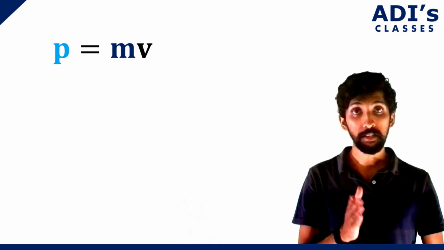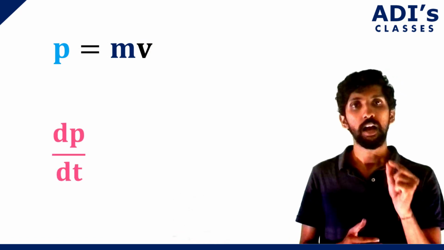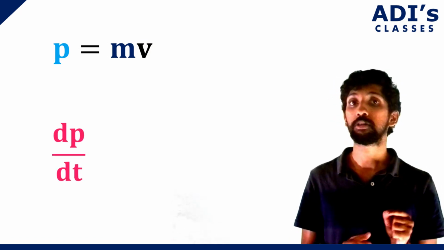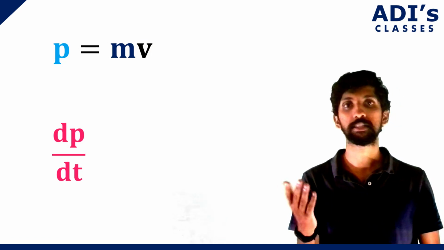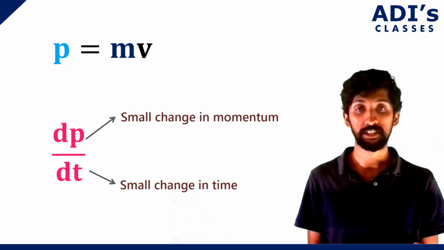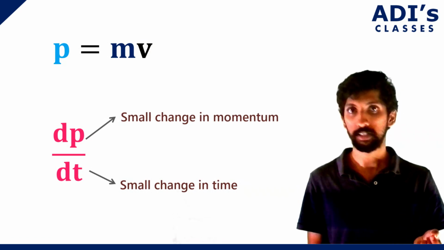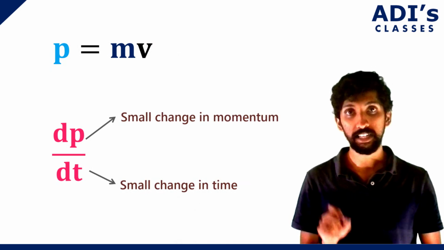Now dp by dt, see when we say dp by dt, meaning for a very small amount of time dt. Usually we take the time as t, correct? Now, whenever the change is very small, like 0.1 second, something like this, we call it dt.